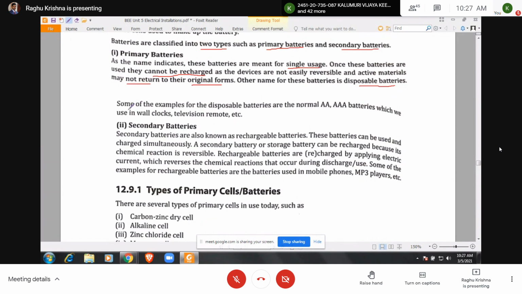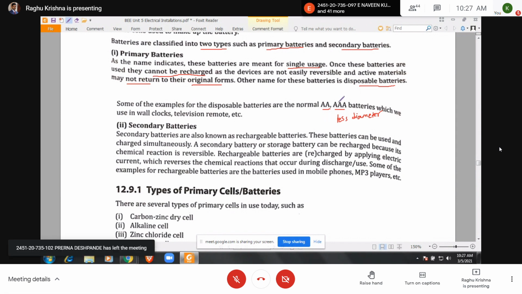Some examples of disposable batteries are the AA battery and the AAA battery. If you see the diameter, the AAA battery will have less diameter than AA.